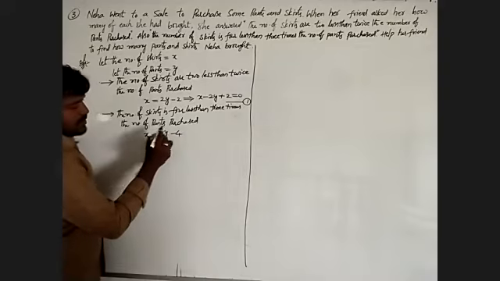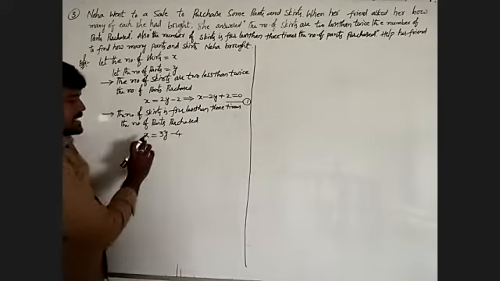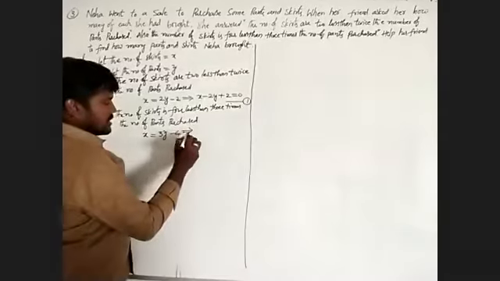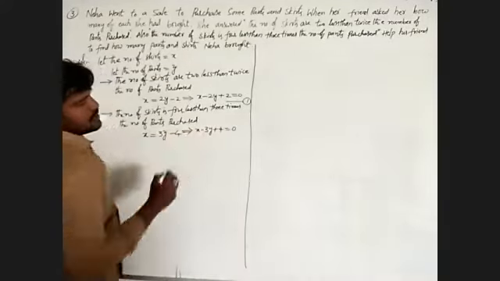Pants is y, so 3 times is 3y. That means x is equal to 3y minus 4. Then x minus 3y plus 4 becomes 0.